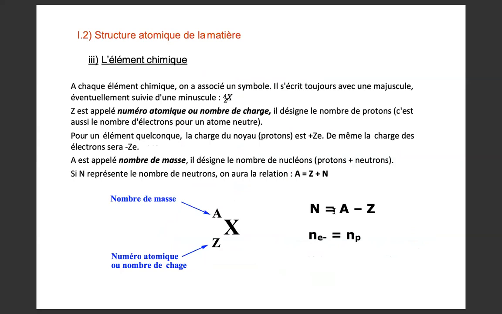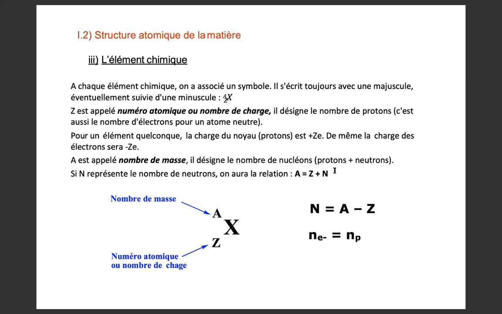This is just another nuclear notation. A represents the mass and Z represents the charge, or the number of protons, or the number of electrons when it is neutral. When we are calculating the number of neutrons, the formula is A, the mass of the atom, is equal to Z, the number of protons, plus the neutrons, which gives the mass.